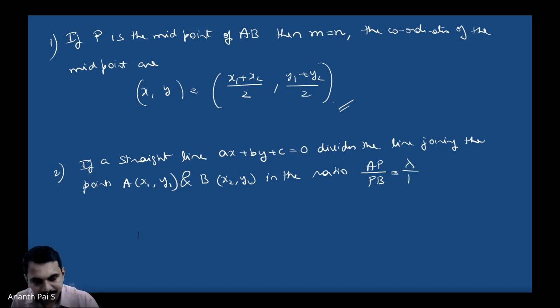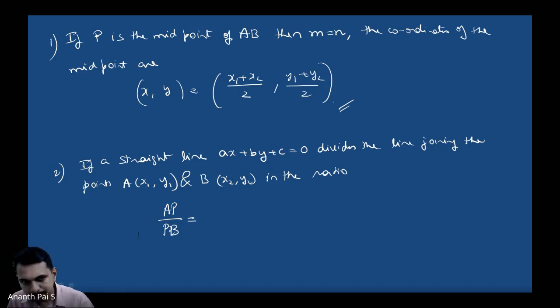Then lambda by 1, say for example, if you see lambda by 1, then what we'll have is, in the ratio lambda by 1, which is equal to, I will write here, the ratio AP by PB.